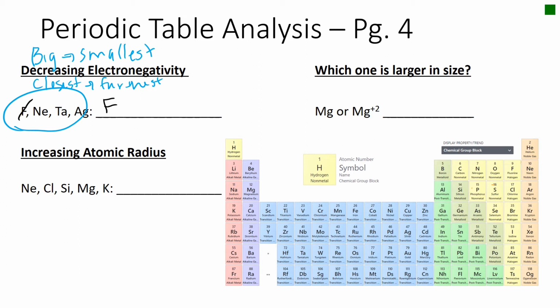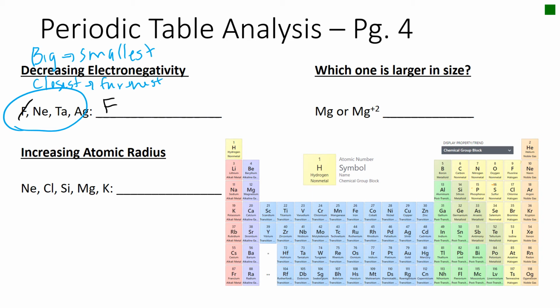Now I've got Ne, so I'm going to get rid of this one. And now I've got to deal with Ne, Ag, and Ta. Ne is tricky, okay? Even though it's right next to F, so normally it would be the next largest, it is actually the smallest. The reason is that noble gases will never, ever want to gain an electron.